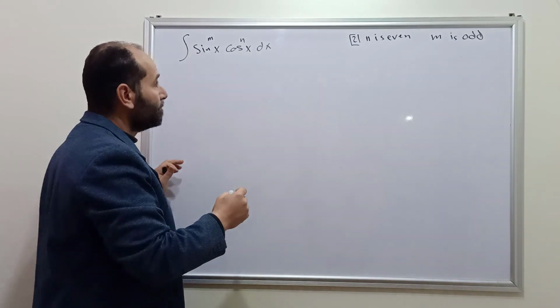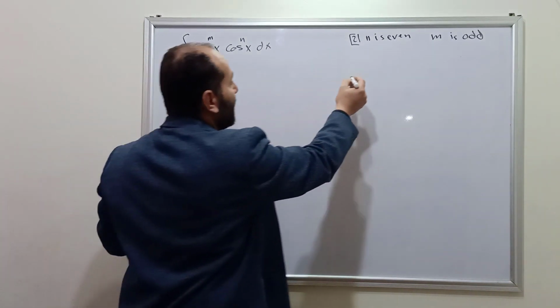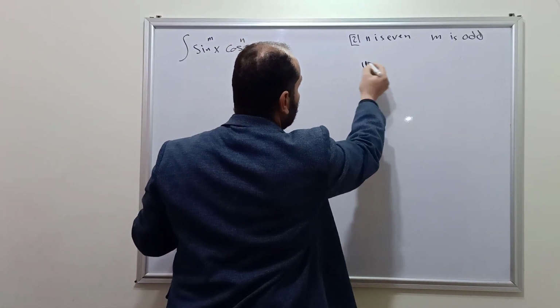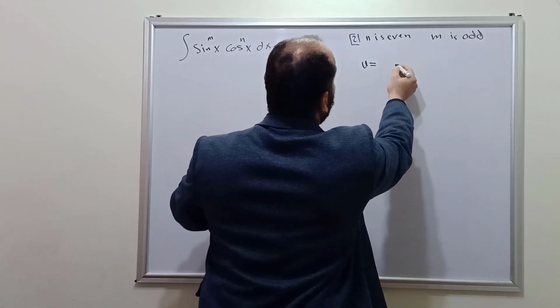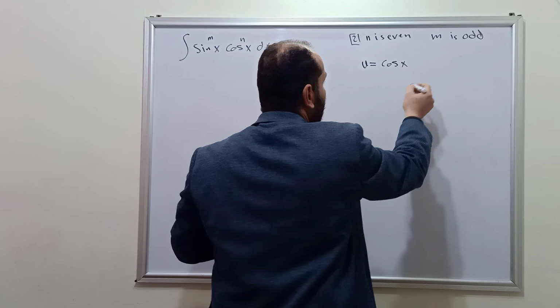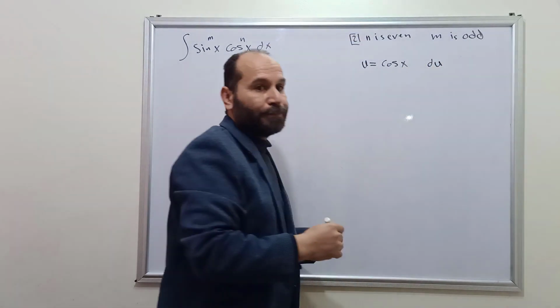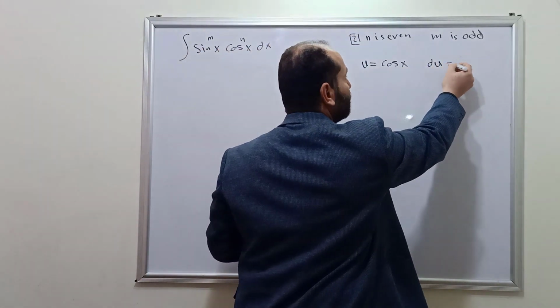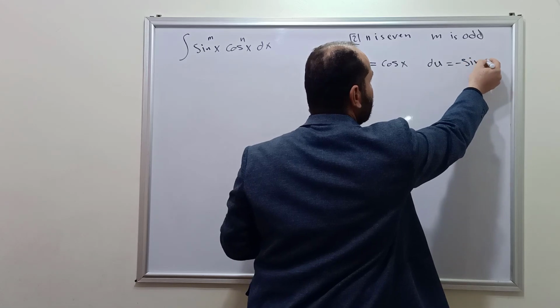In this case, we make the substitution u equals cosine x, so du equals negative sine x dx.